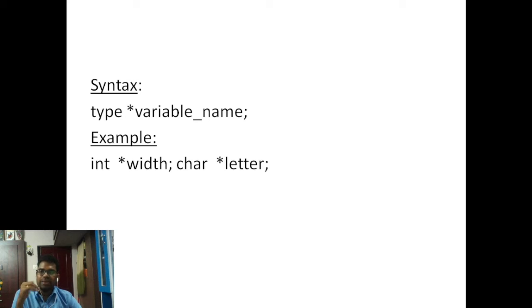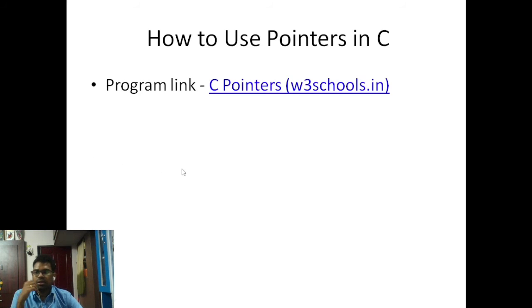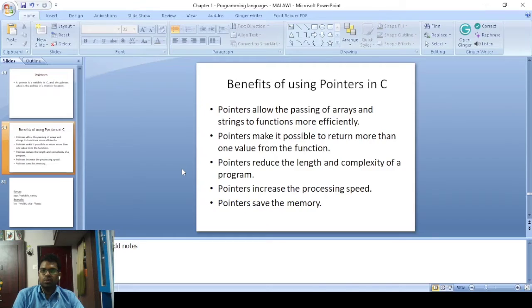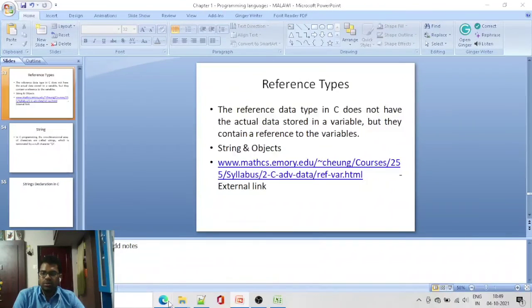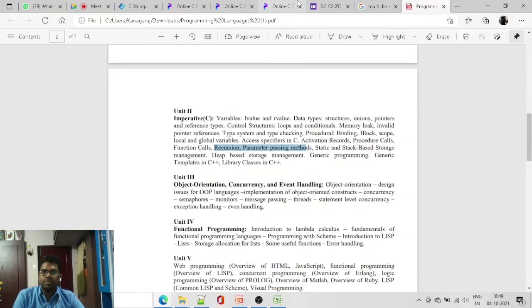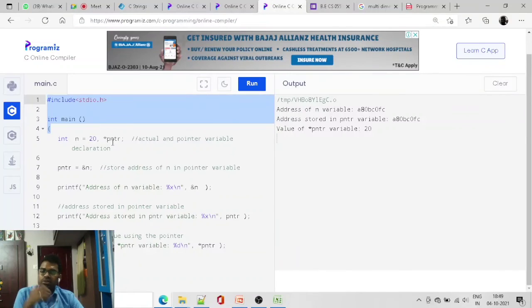So this is the syntax: data type, star, variable name. Here we are declaring two pointers. Look into the coding. This is the code: int n equal to 20, and we are declaring a pointer over here.